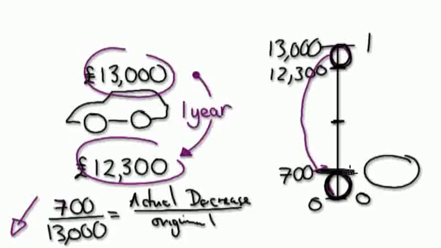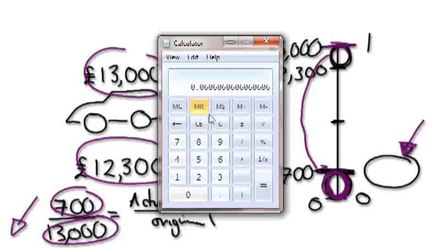If you look at the diagram, 700 is here, the original is up here. You want to know how 700 compares to the original. So 700 here divided by the original. You're trying to work out the decimal representation of this. So let's see, clear this.